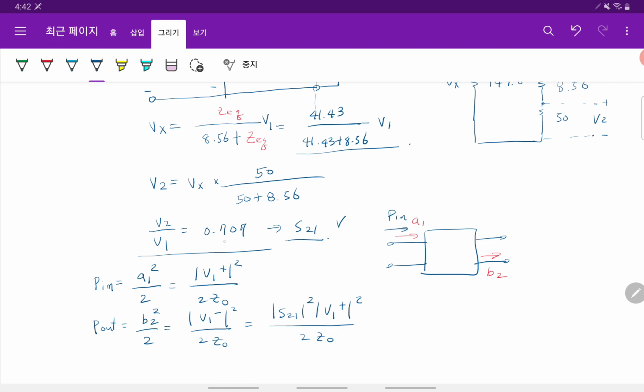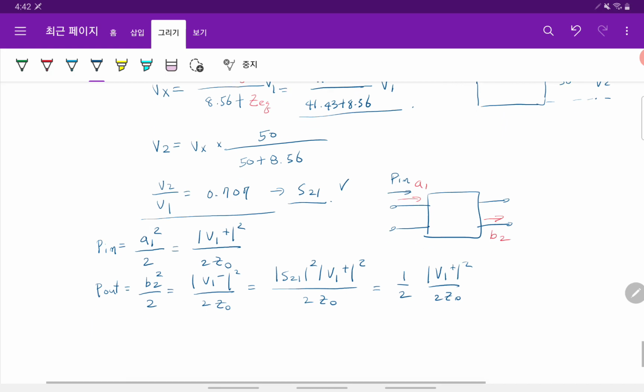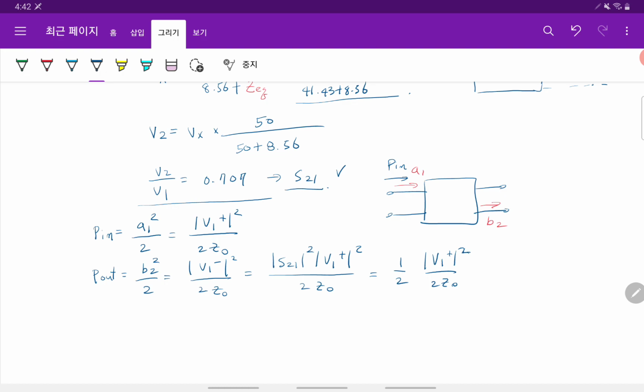So because S21 is 0.707, if we square it, we have half power, right? P out is half of P in. So only half the power is delivered to the output.